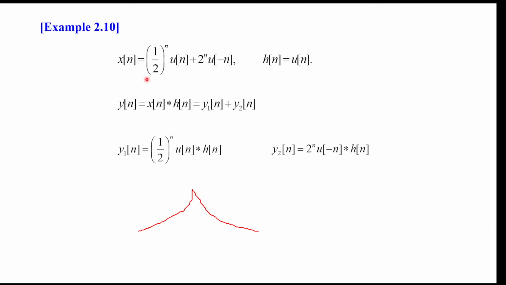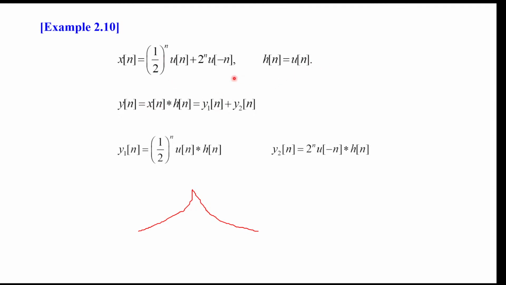Say our x of n equals this function. It's 1 over 2 to the n times u of n plus 2 to the n times u of minus n. Basically, the first part is an exponentially decaying function when n is greater than or equal to 0, and the second part is an exponentially growing function when n is less than 0, which decays as n goes to minus infinity. So x of n is like this function, and h of n equals u of n. Now think about x of n convolved with h of n.